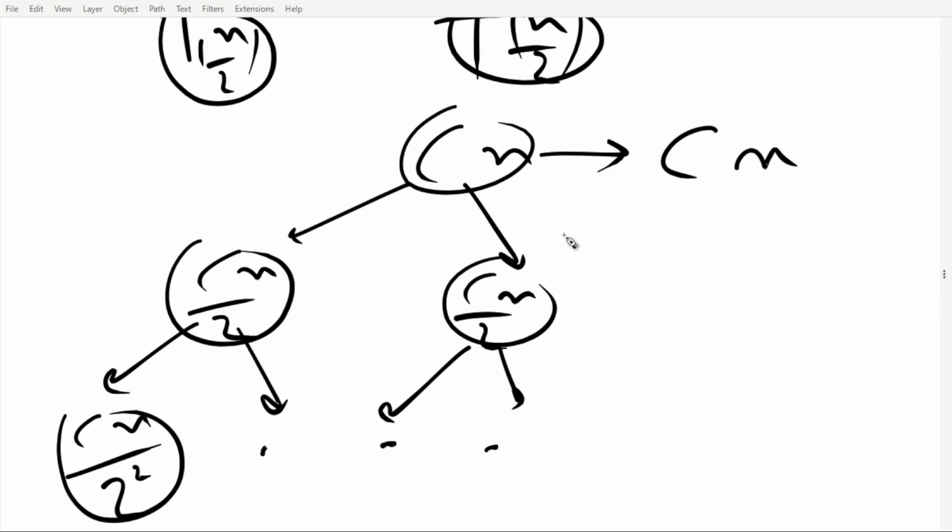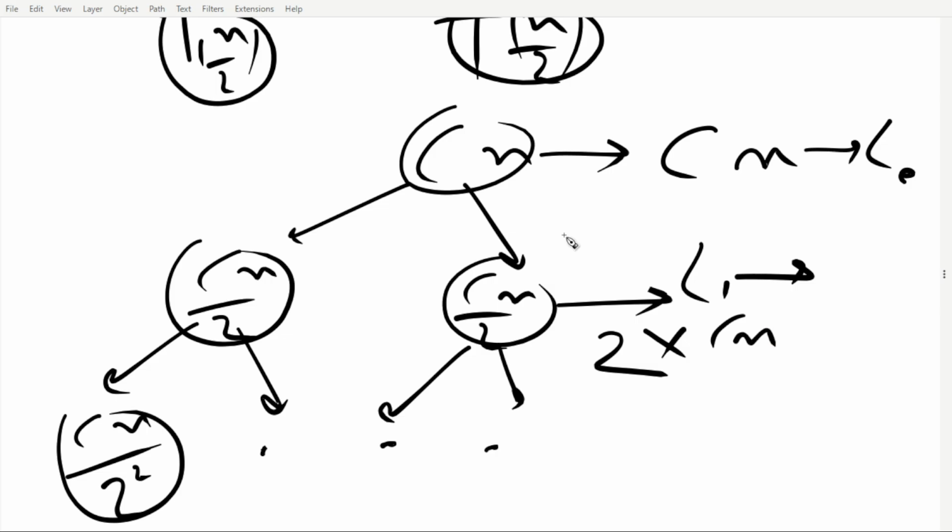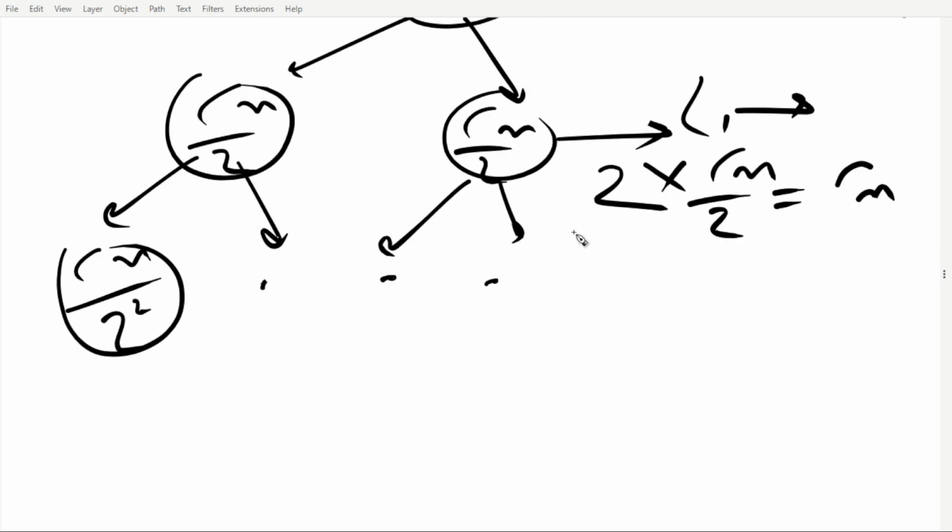So at the first level, call it level 0, we have one node of cost Cn, we get Cn. For level 1 we have two subproblems of cost Cn by 2, total we get Cn. Continue like this.